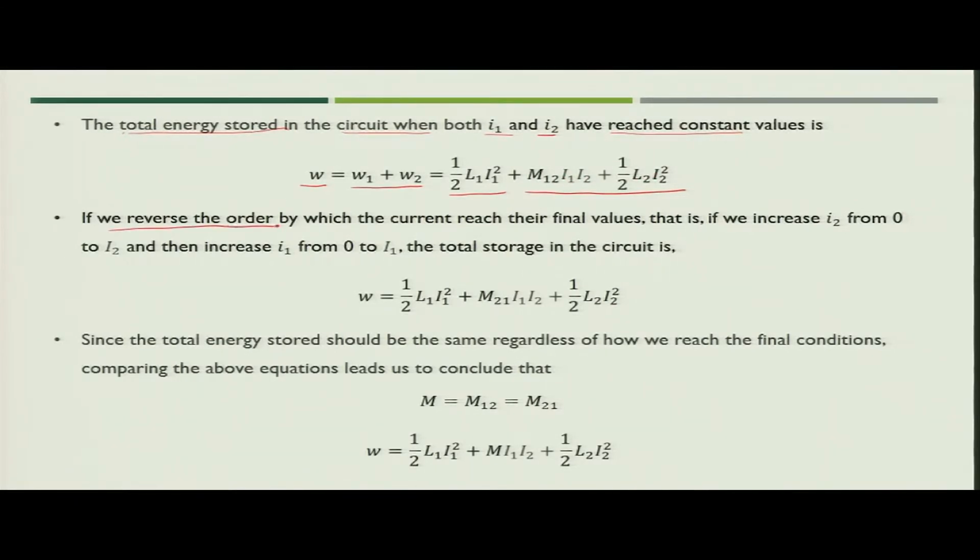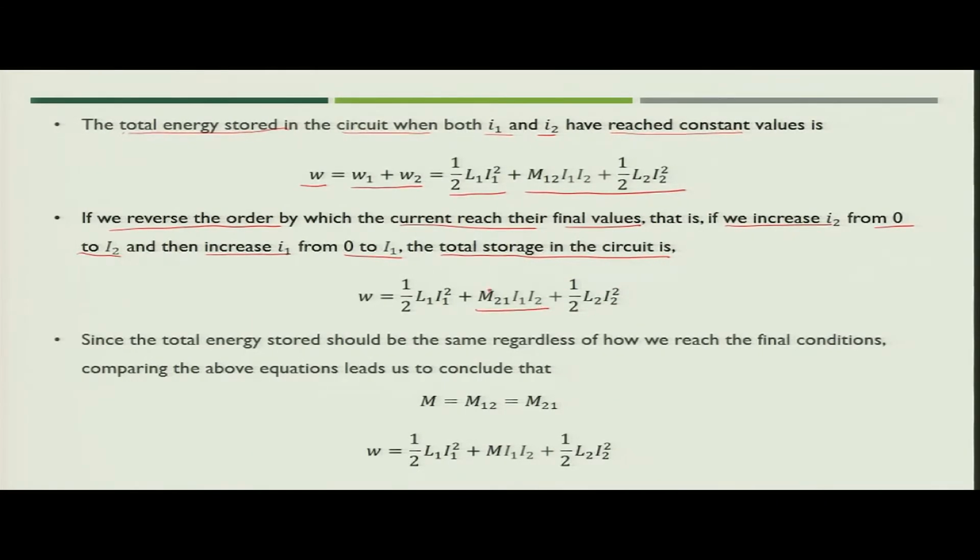Now, if we reverse the order in which the currents reach their final values, that means first we increase I2 from 0 to capital I2 and then we increase I1 from 0 to capital I1, the total energy stored in the circuit is half L1 I1 square plus half L2 I2 square plus M21 I1 I2.